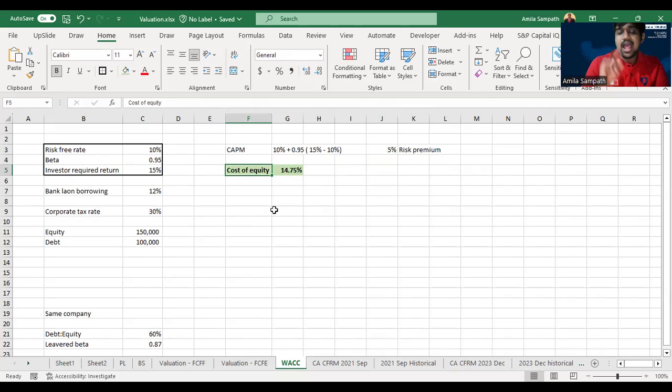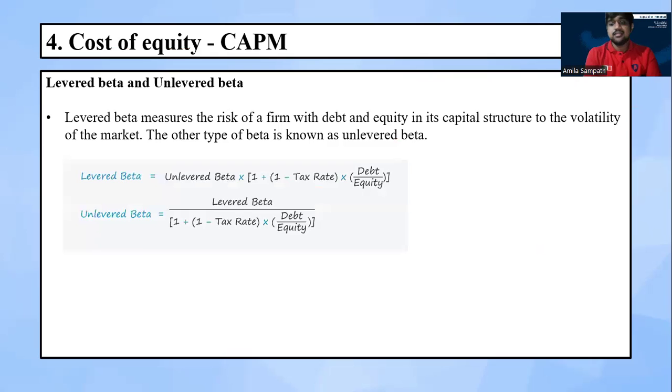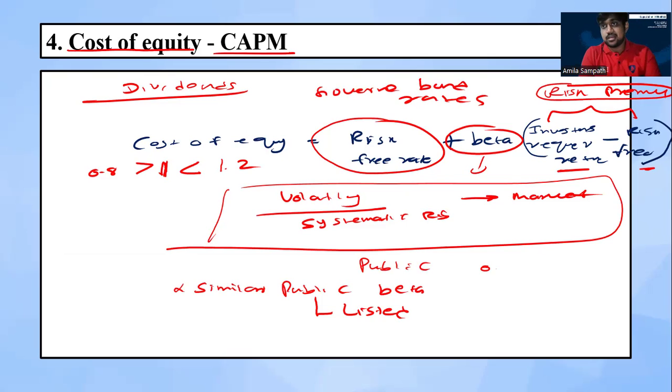Then, as I told you, if our company is a private limited company, we need to derive our beta based on the comparable listed company's beta.